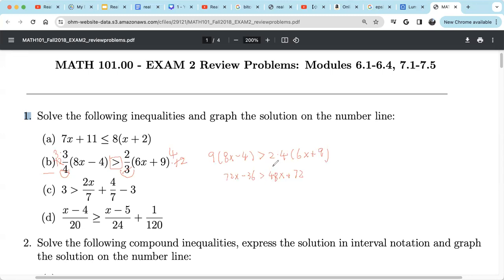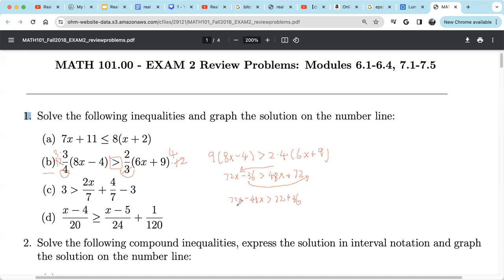So we move 48x to this side and it becomes negative. We move negative 36 to this side and it becomes positive. So I have 72x minus 48x, that's greater than 72 plus 36.